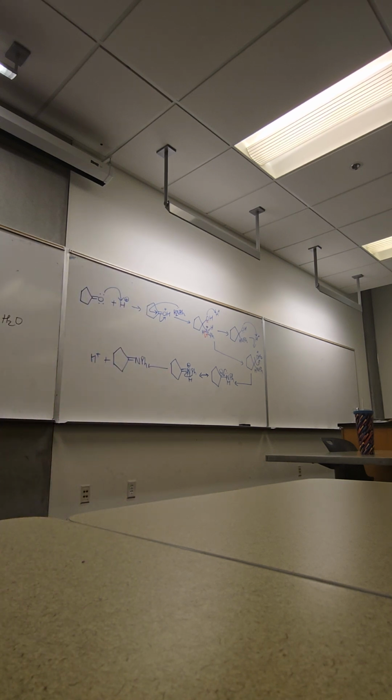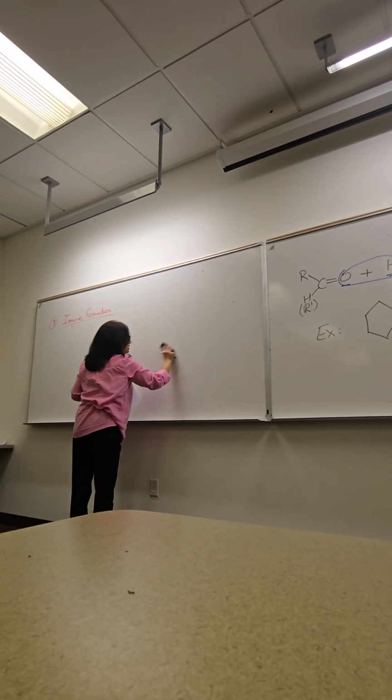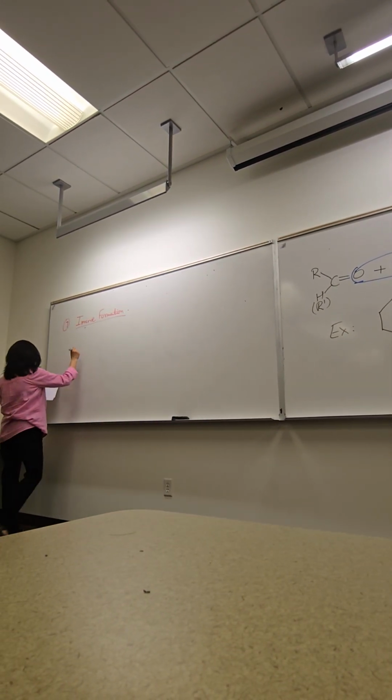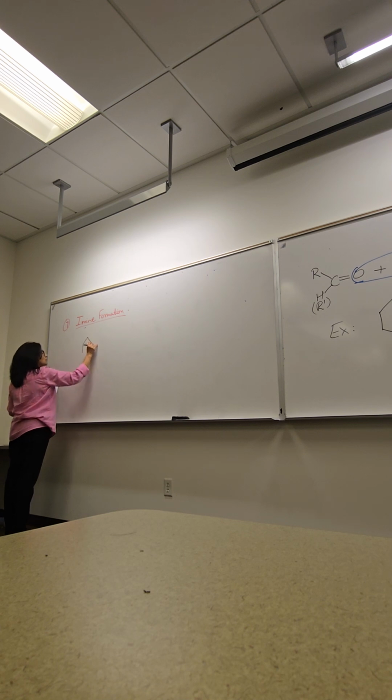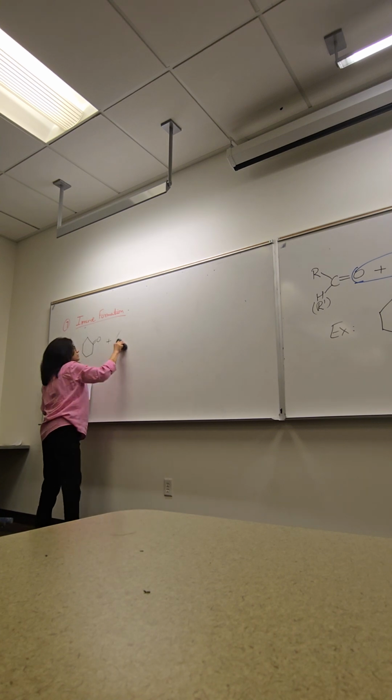Let's do a couple more examples though. You can practice writing mechanisms at home. Unless there was one that's intra or something tricky that we could go over, like in an exam.